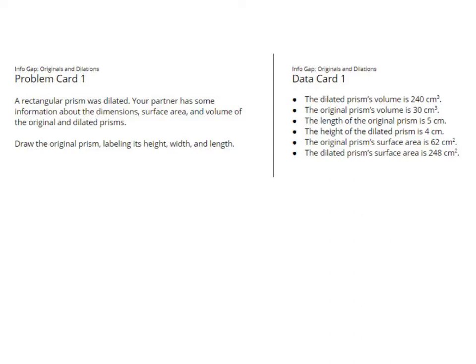So looking at the problem, a rectangular prism was dilated. Your partner has some information about the dimensions, surface area, and volume of the original and dilated prisms. Draw the original prism, labeling its height, width, and length. The original prism's volume, we're going to do an O for original, volume equals 30 centimeters cubed.